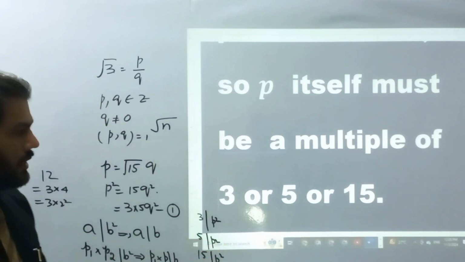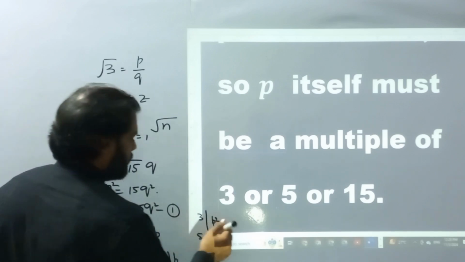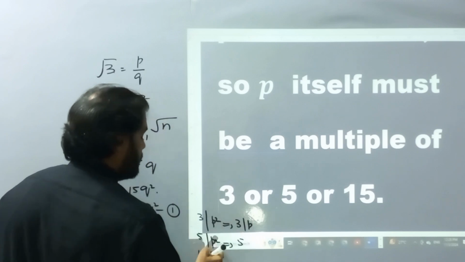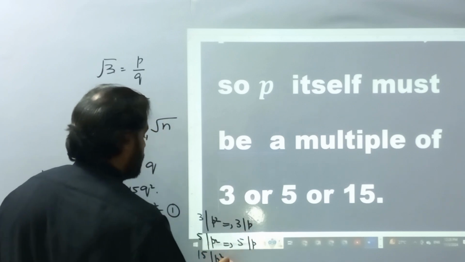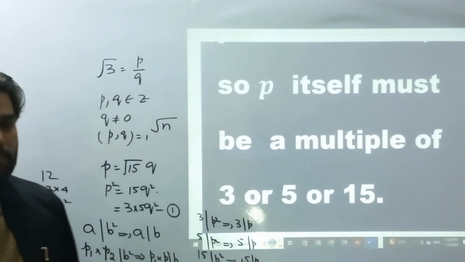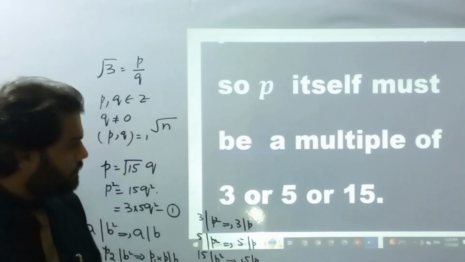So there are three cases. In all these cases, if 3 divides p square, this implies 3 will divide p. If 5 divides p square, this will also divide p. If 15 divides p square, this will also divide p. So these are the three possibilities for p that you can use here.